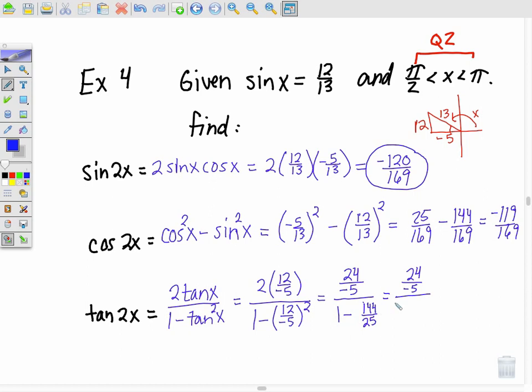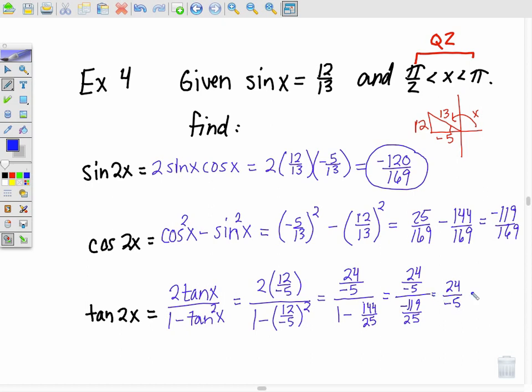I'm keeping the numerator the same. I'm going to have to do the 144 minus, or I have to subtract the 144 25ths from 25 25ths. And if I subtract 25 minus 144, I would get -119. So with the common denominator and subtracting, -119 over 25.